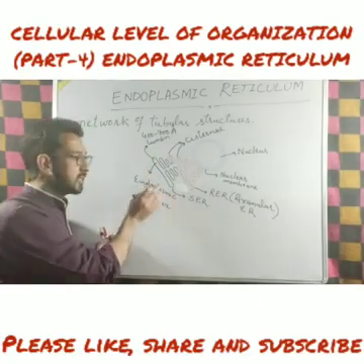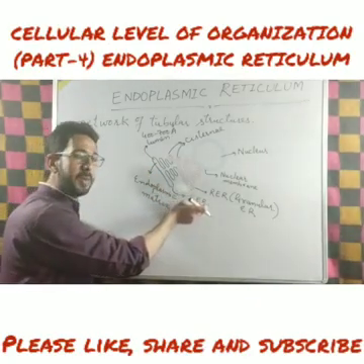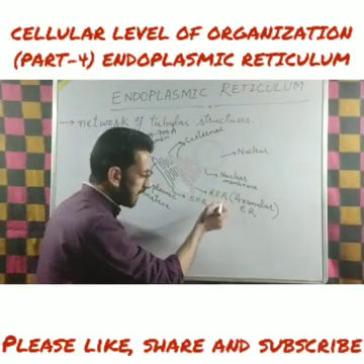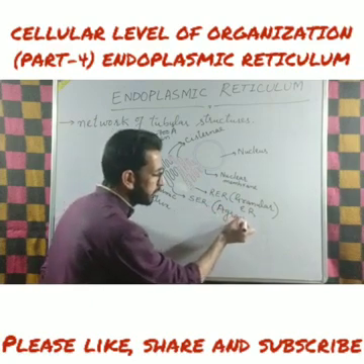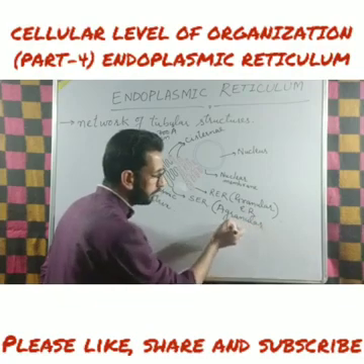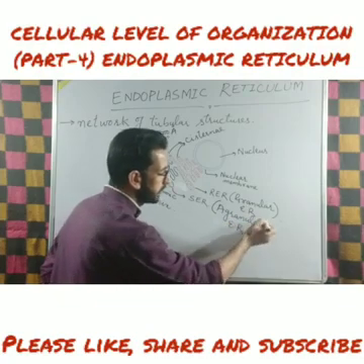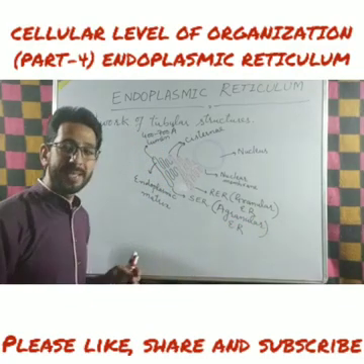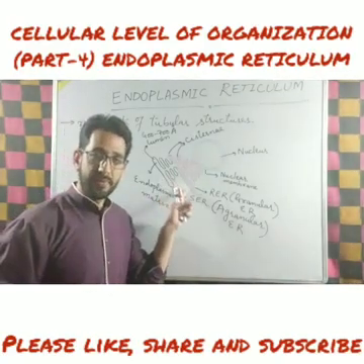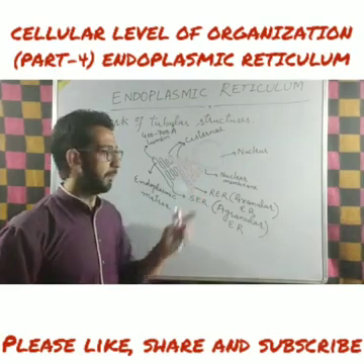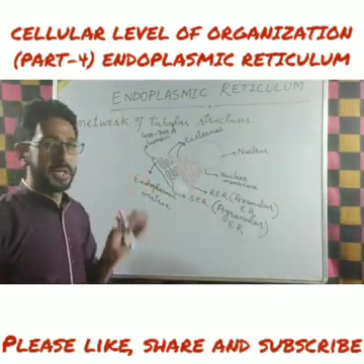That is why it is called smooth endoplasmic reticulum and sometimes called agranular endoplasmic reticulum. That means there is an absence of these granules which are present on the rough endoplasmic reticulum. Okay, the absence of ribosomes.